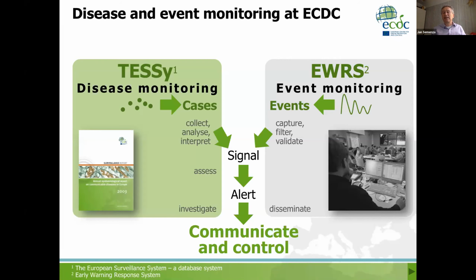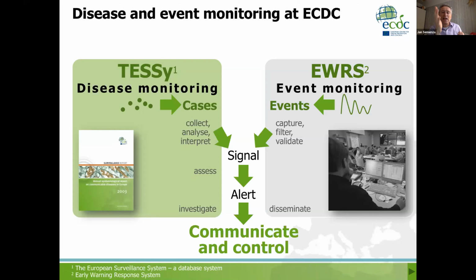And we have built TESSy, the European Surveillance System, where all these data are reported to. And we clean the data, tabulate them, and make them available to researchers like yourself for epidemiologic analysis, in order to understand patterns and trends and things like that. And so that's one of the core activities that we do.